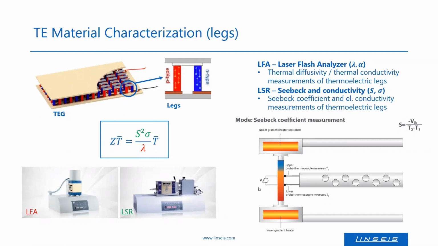And for the Seebeck coefficient measurement, one places a sample in between two electrodes. These electrodes shown here also contain heating coils, and with these one can generate a predefined temperature gradient over the sample. Furthermore, one has two thermocouples here on the side, which touch the sample and measure the real temperature gradient over the sample.